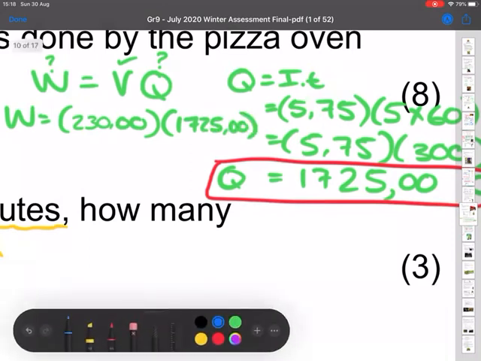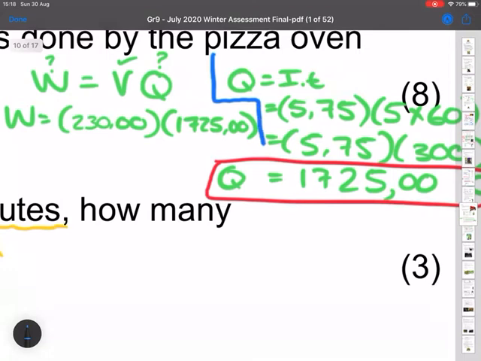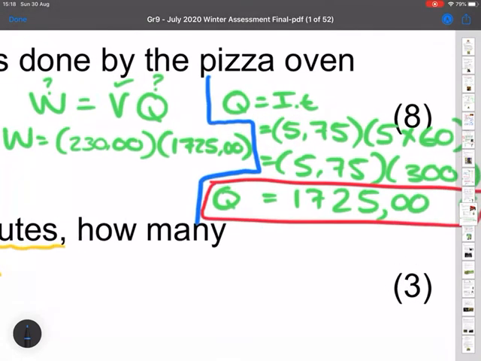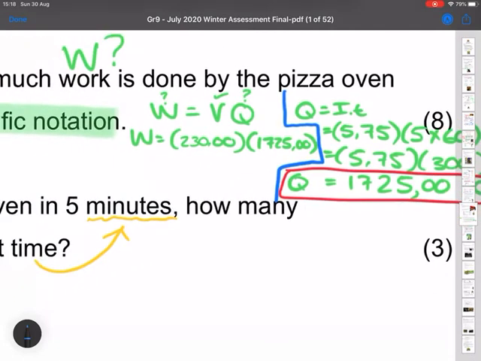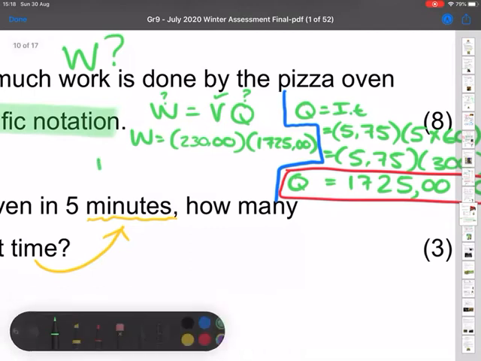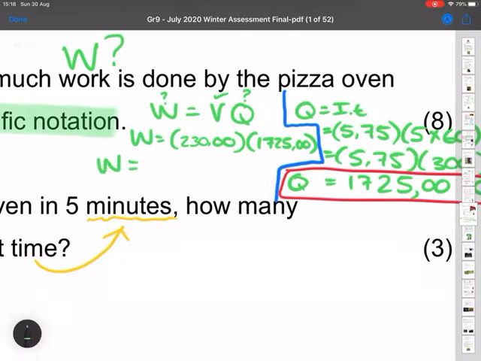I'm just going to put a line to show which I haven't laid out in our work very nicely, because I am squashing it in, but this should take up each line on a page. That'll then give you a total amount of work done of 396,750.00. The units for work are the joule. Okay. And that was 8 marks.